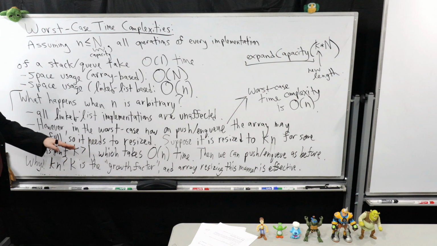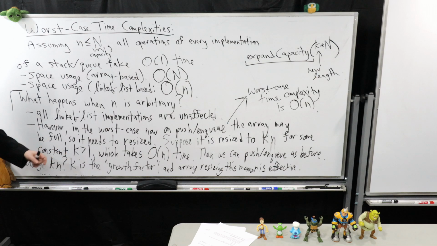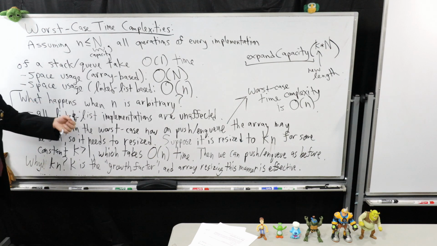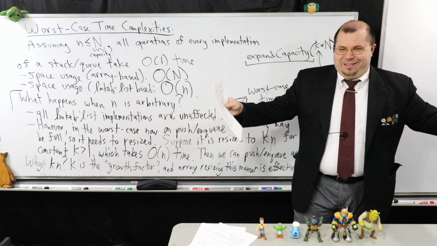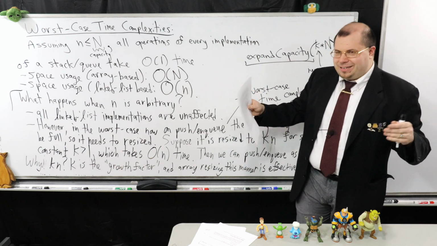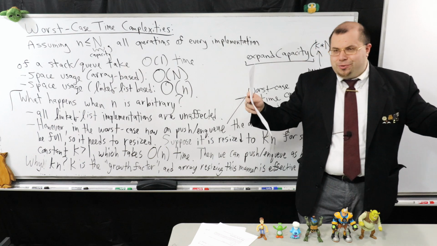This growth factor has a special name when it's like this. It's called a geometric growth factor. This is because it always grows multiplicatively. If k is 2, it doubles the length of the array each time.